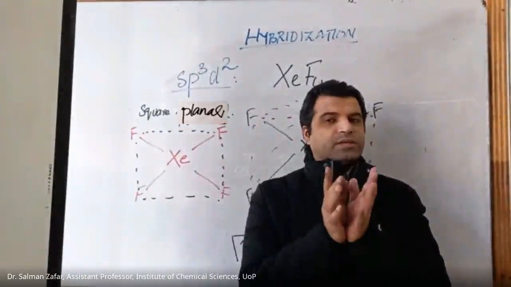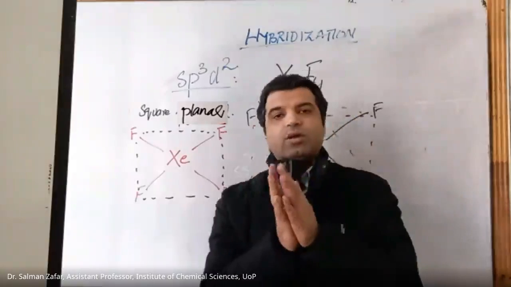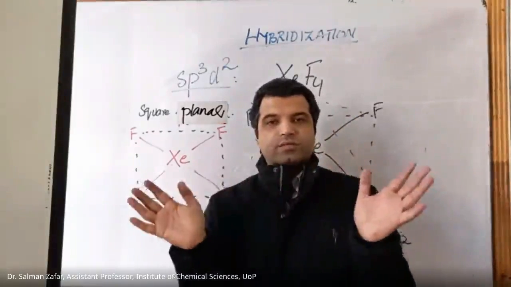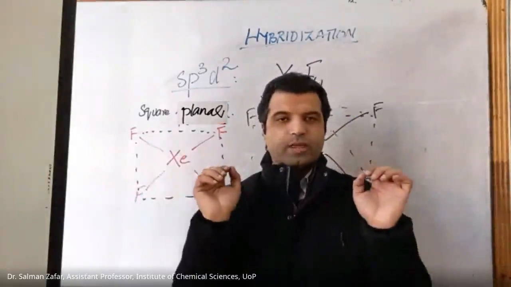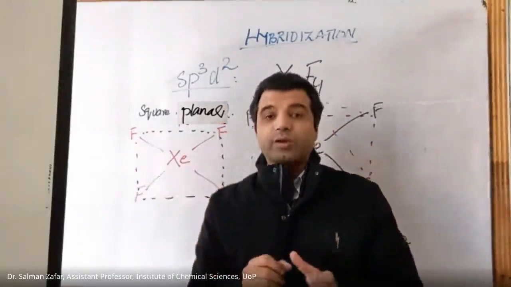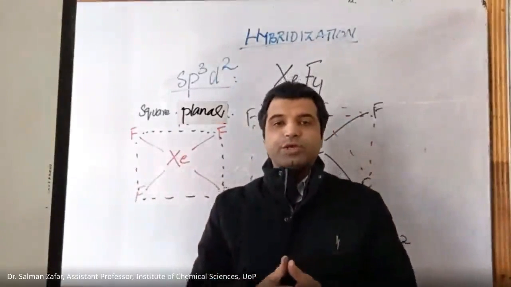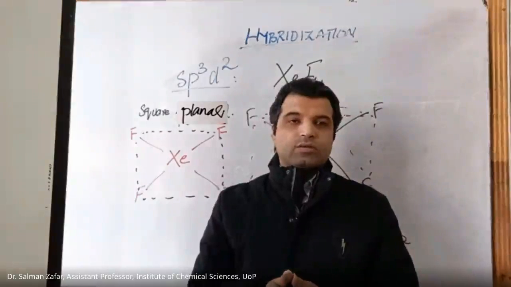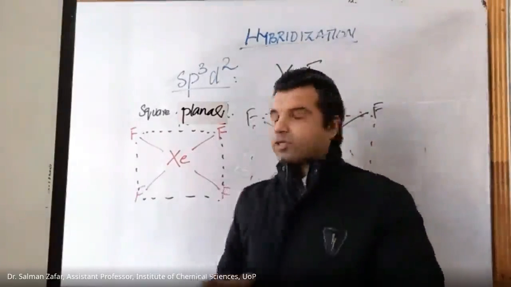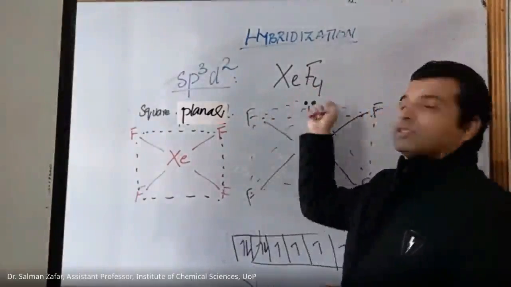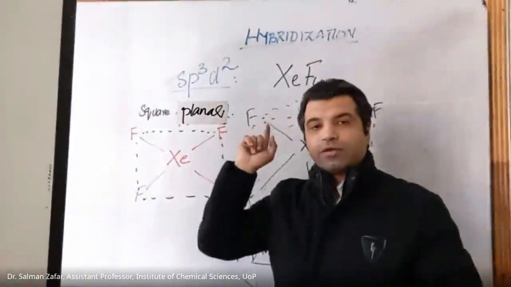And that means that the central atom will have 6 things attached to it, or it will have 6 things around it. Those 6 things could be bonding electrons, or those could be non-bonding electrons. So in case of xenon fluoride, you see it has 4 fluorine atoms.